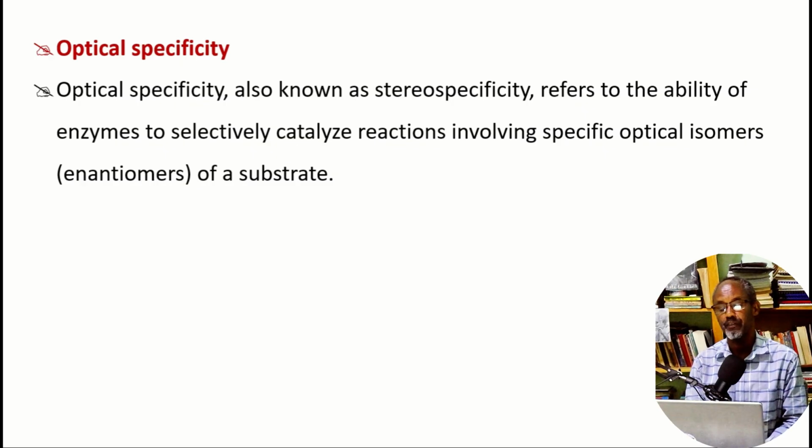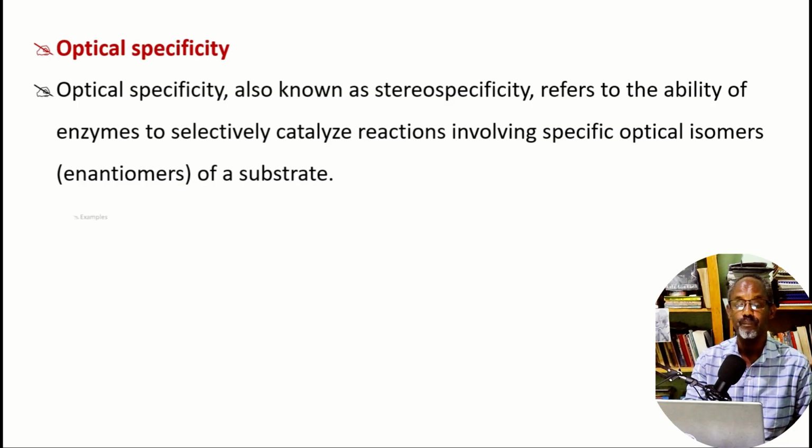So some enzymes catalyze only the L forms, and some other enzymes catalyze only the D forms. Of course, most of our enzymes love to catalyze only one form of these isomers, the L forms, levorotatory.